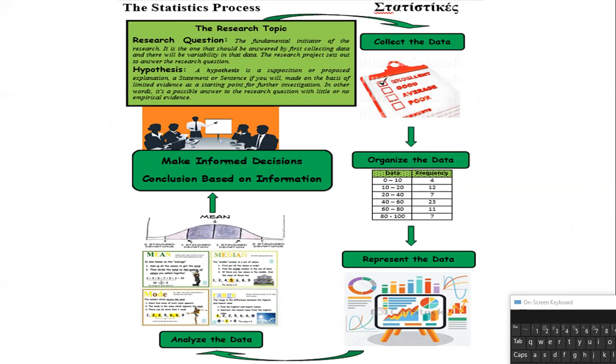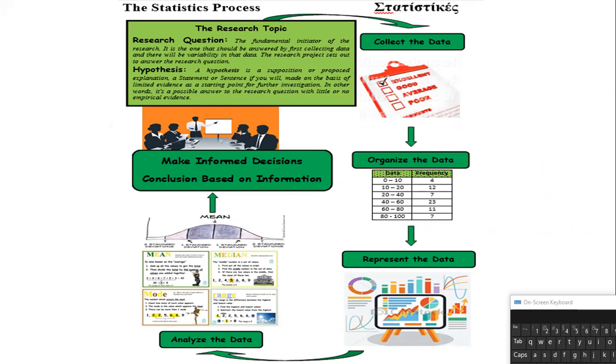Now statistics can be viewed as a process. You first start with a research topic, a research question. What is the research question? It is the fundamental initiator of the research. It is the one that should be answered by first collecting data, and there will be variability in that data. The research project sets out to answer the research question.